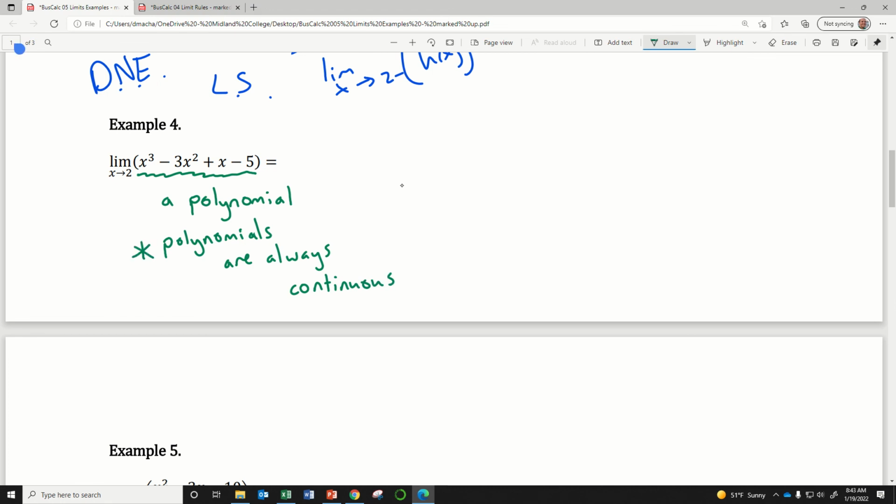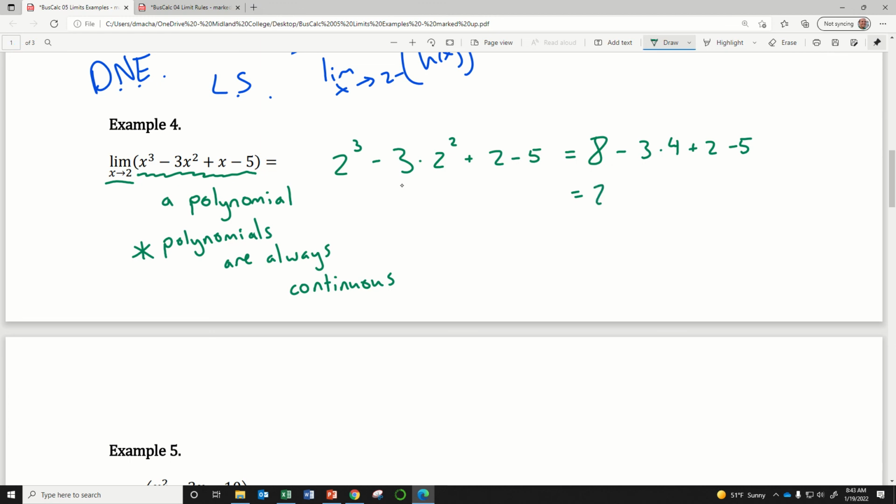And that means instead of having to mess around with graphing this or doing any sort of fancy tricks, I can just replace x with 2 and write 2 cubed minus 3 times 2 squared plus 2 minus 5. Now 2 cubed is 8. 2 squared is just 2 times 2 is 4, plus 2 minus 5.